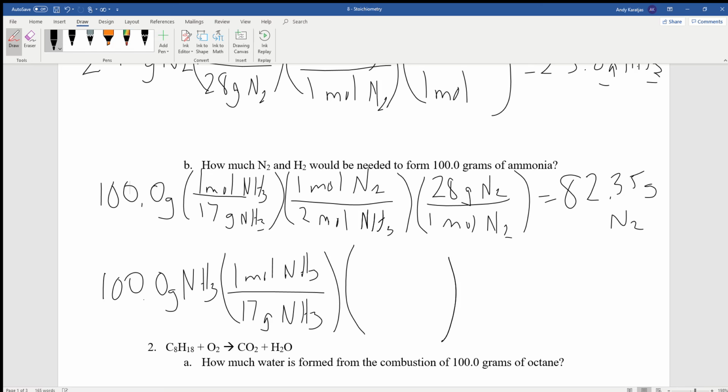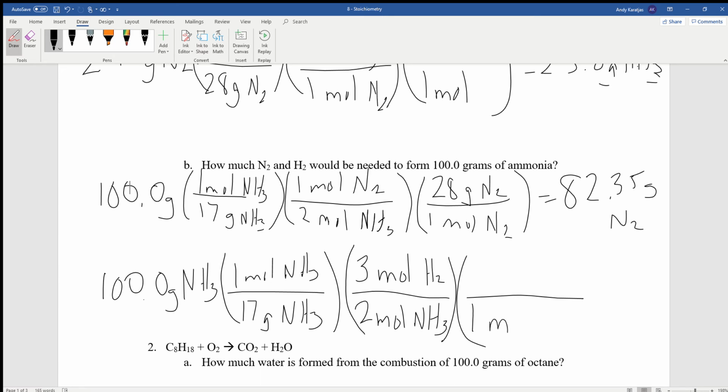Then we'll go from moles of ammonia to moles of hydrogen. And finally, from moles of hydrogen to grams of hydrogen. And we find, just as we expected, that we need 17.65 grams of hydrogen.